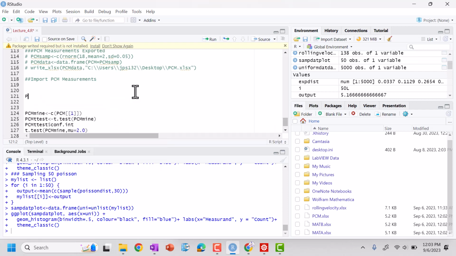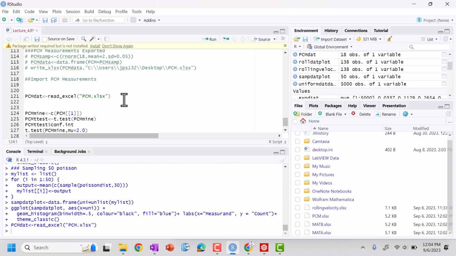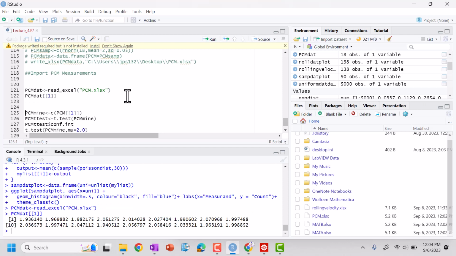Actually, I'm going to do pcm dat equals read.excel and then pcm.xlsx. So we got that. So we should have, and we'll get PCM dat. We can extract hopefully all the data sets here.